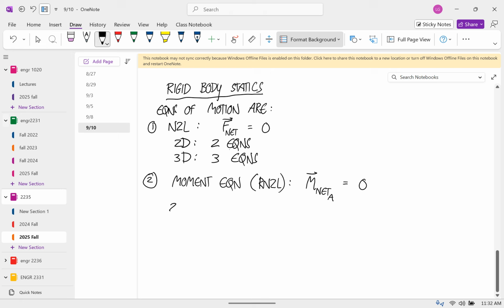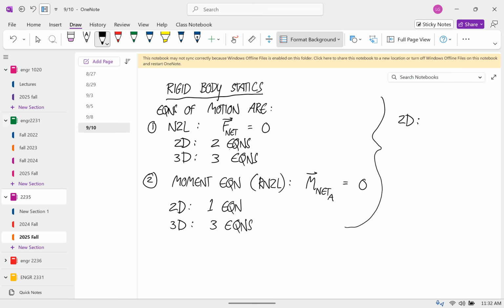In 2D, this gives one more equation, and in 3D, this gives 3 equations. So altogether for rigid body statics, in 2D, you have a total of 3 equations, and in 3D, you have a total of 6 equations.